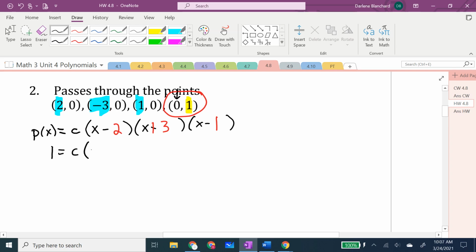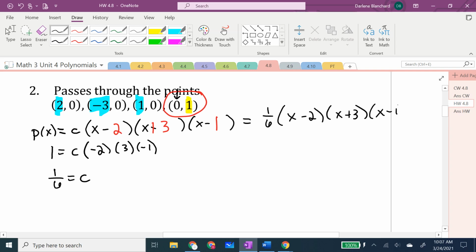And if I plug in 0, I'm going to get a -2, a +3, and a -1, multiplying to that c. And then that becomes +6, divide by that +6, and then you have your c. So I'm going to write it out as we've got 1/6 times these 3. From there, it's a matter of going through the multiplication.